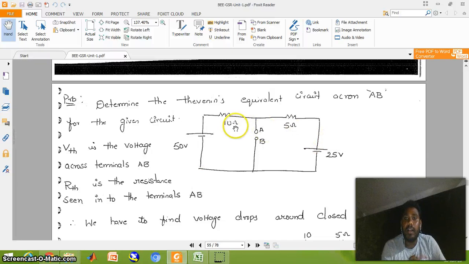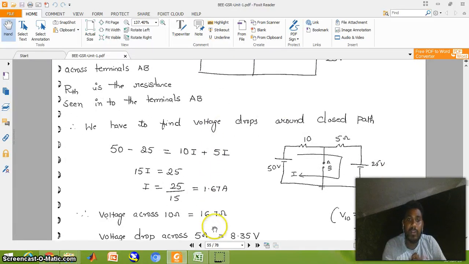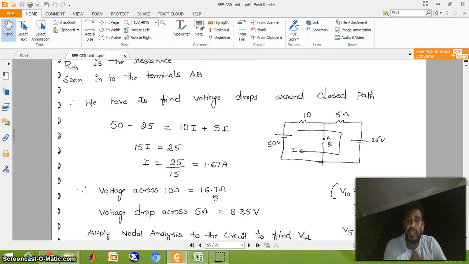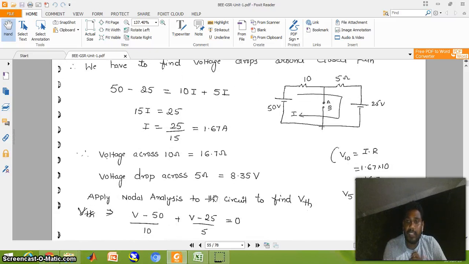Current I is equal to (50 minus 25) by (10 plus 5), that is equal to 25 by 15, that is equal to 1.67 amperes.